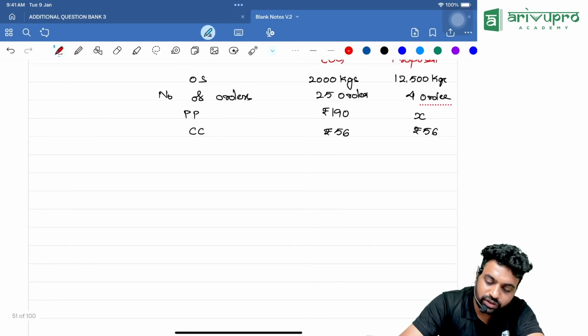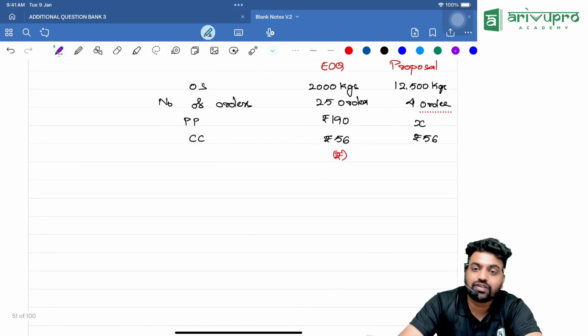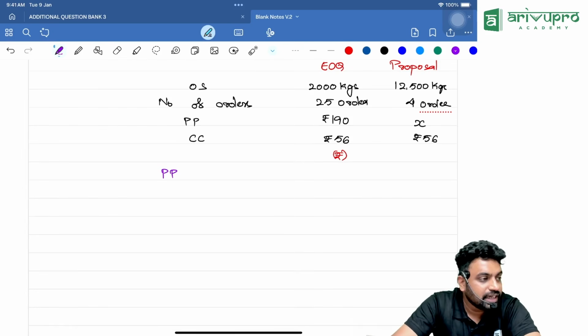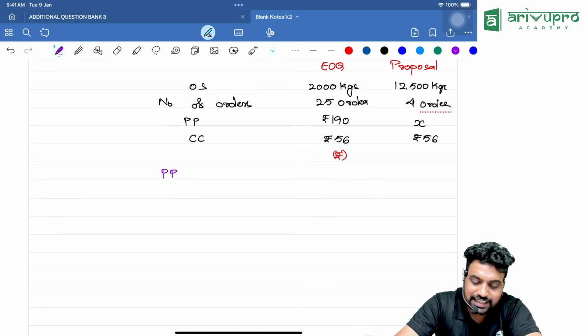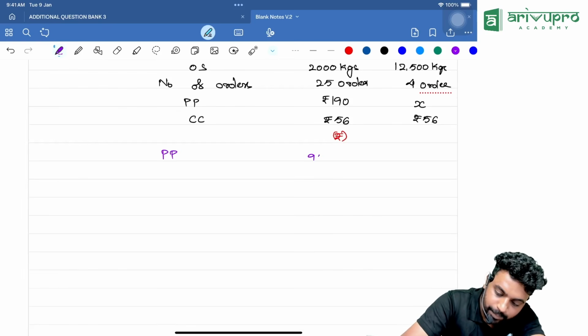Now we are going to compare the cost. In fact, no need to compare the cost. First we will find out how much is the cost under EOQ. Then we will quote them a price. Purchase cost: you are buying 50,000 units at the rate of 190 rupees, that is 95 lakhs.